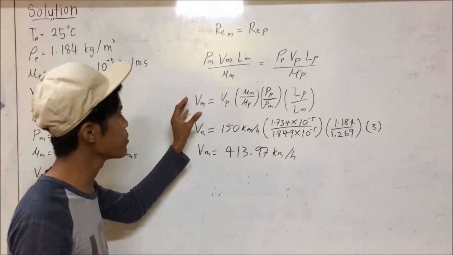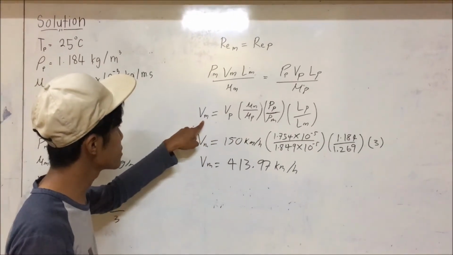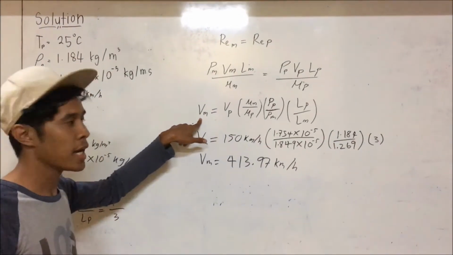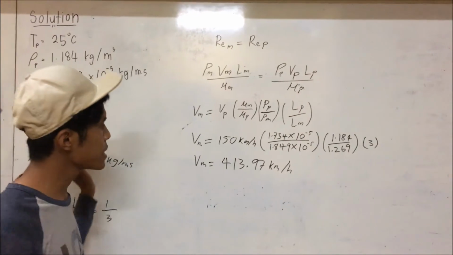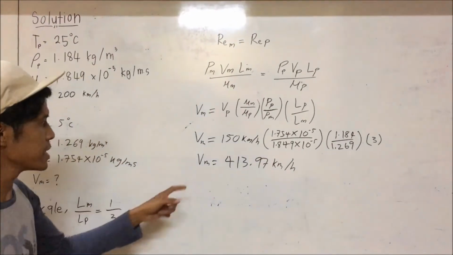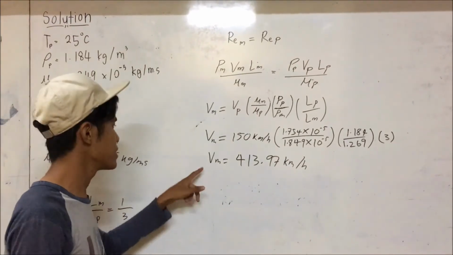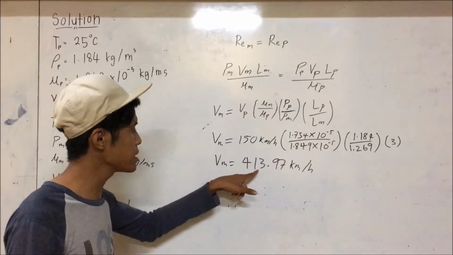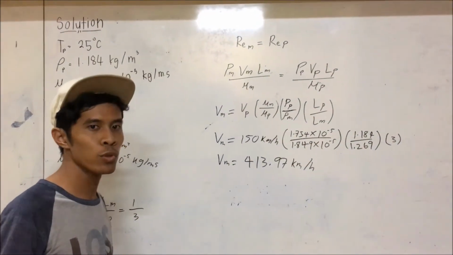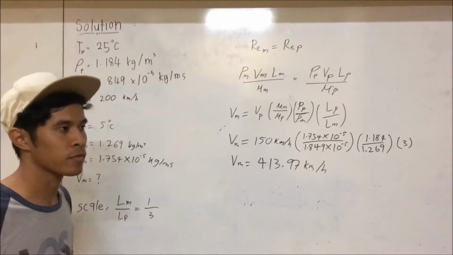We derive the formula, and on the left we put the velocity of the model, and we just substitute this information into the equation, and then we get the answer. The velocity of our model is 413.97 km/h, which we have to use in the lab for the model.